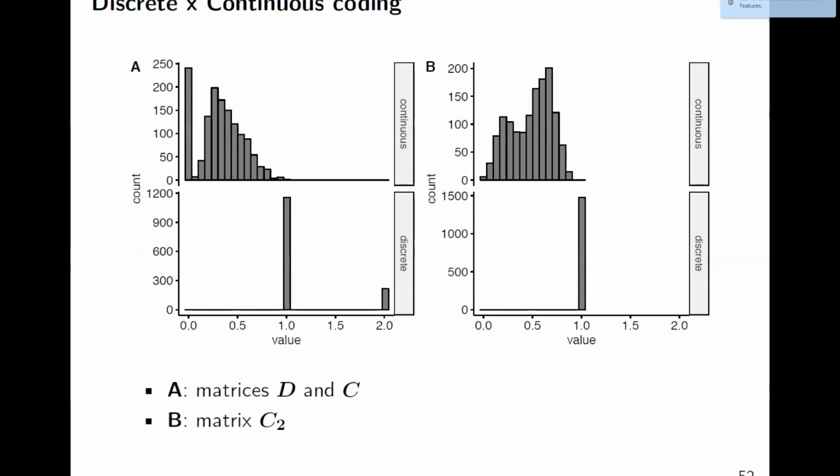But in the continuous coding, this value, that's the heterozygous, is in a range of values that go from 0 to 1. And this is kind of flipped, so these here appear here. This might be interesting because then you get a higher resolution. It also gives access to information that we didn't have before.